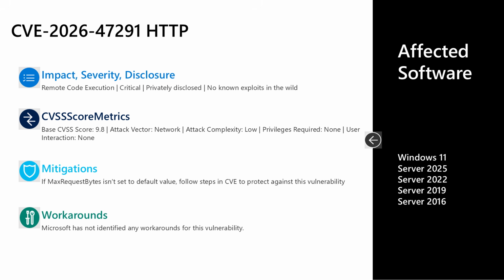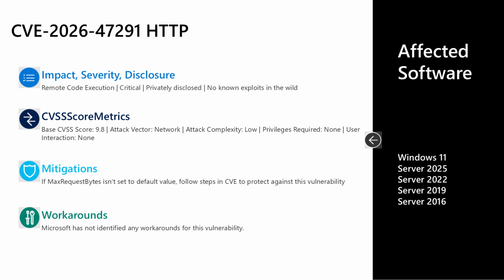Now, there is a documented mitigation here that has to do with modifying a registry key, or actually more specifically, if a registry key is anything other than default, you may need to take a look at this mitigation, and that can protect you in the gap between now and when the update is installed.